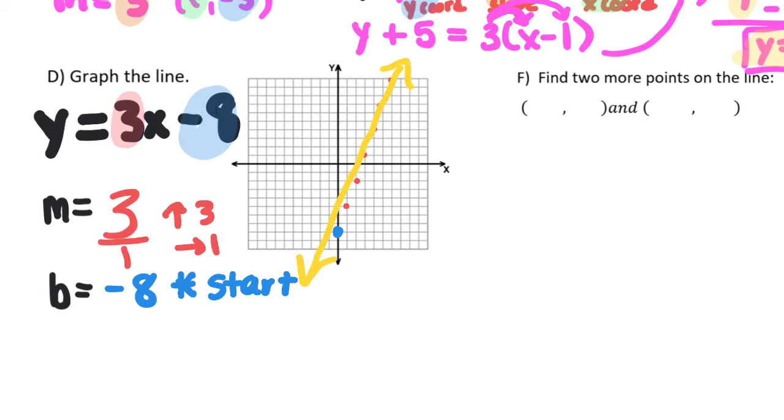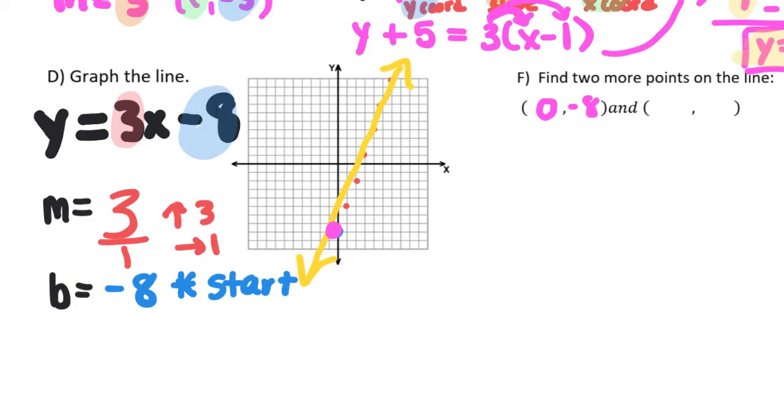Now when you're finding 2 points on the line, you can pick whichever 2 points you want as long as they fit appropriately. For the purposes of this, one of my points is this point right here, at 0, -8. And I'm going to choose this next point.